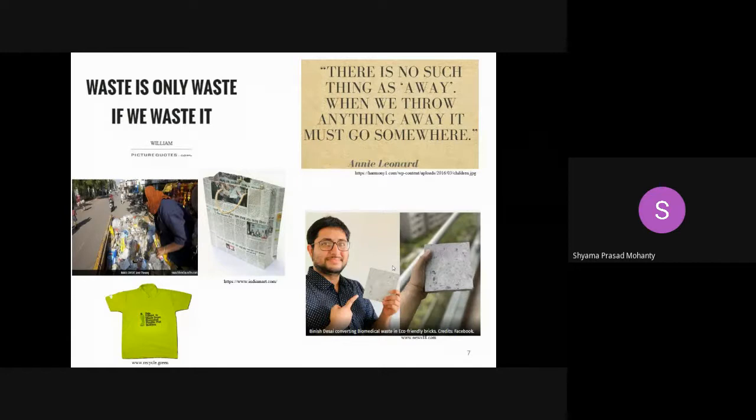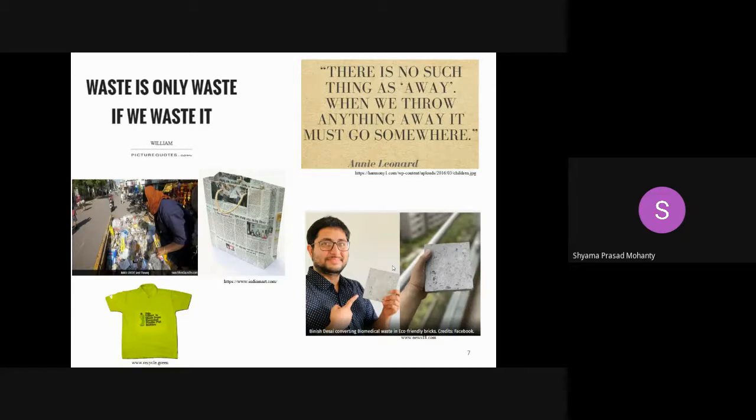Are there any solutions? We can term something a waste only if we are wasting it. As one person put it, there is no such thing as away.